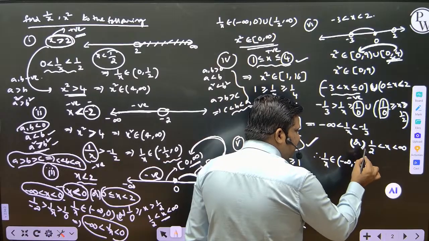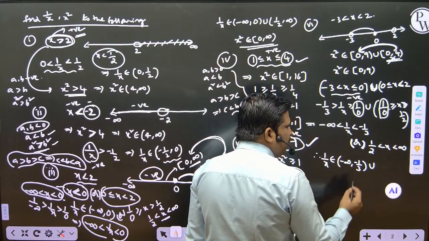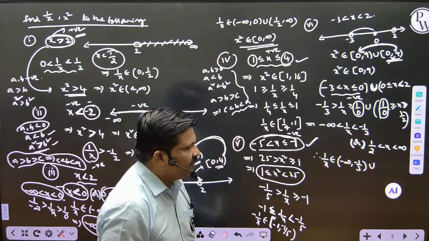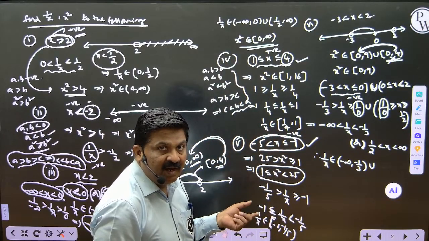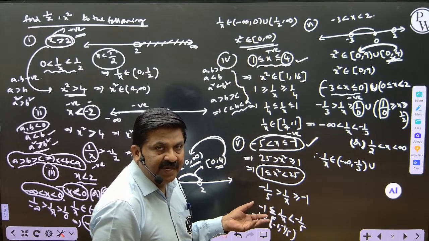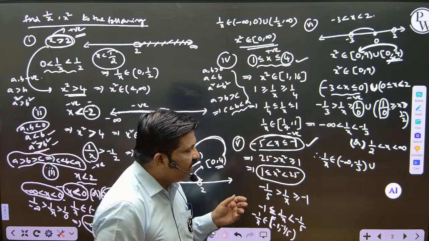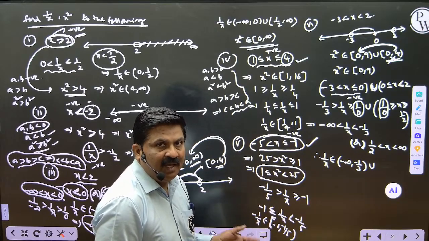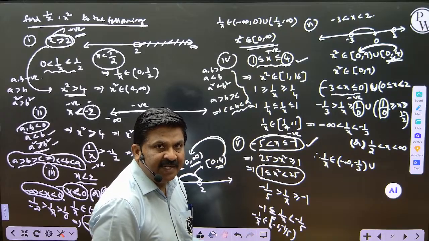Whenever or is there, we add. Or gives a union and and gives an intersection. When and is given to you, you take the common values. When or is given to you, you have to add the sets. And means you take the commonality of the sets.